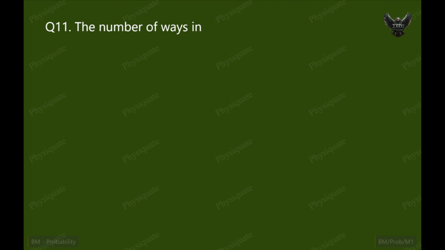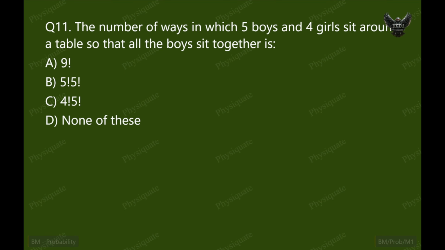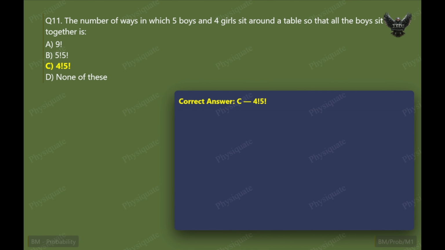Question 11. The number of ways in which 5 boys and 4 girls sit around a table so that all the boys sit together is. Correct answer is option. Total persons equals 5 boys plus 4 girls equals 9. All boys must sit together, so treat 5 boys as a single group.